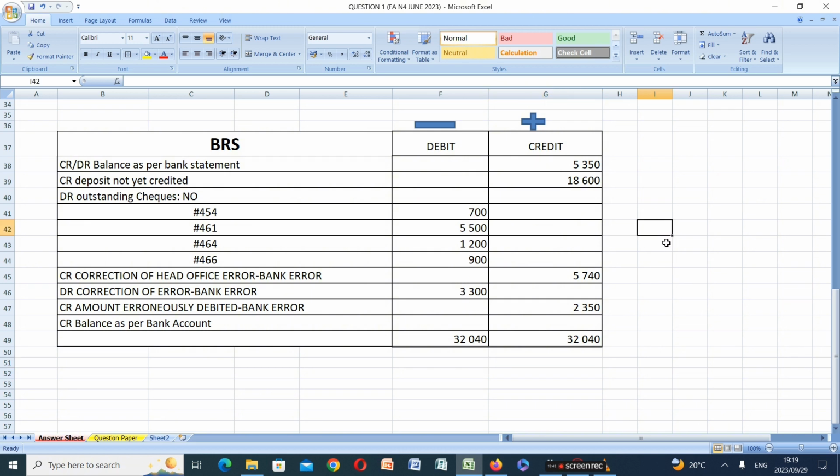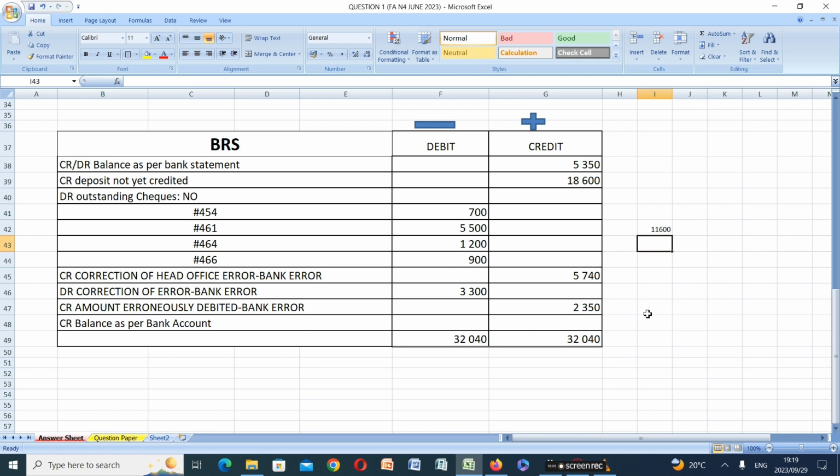So let me just get the total. I'm adding everything here, just on the side to check how much. So we get 116.